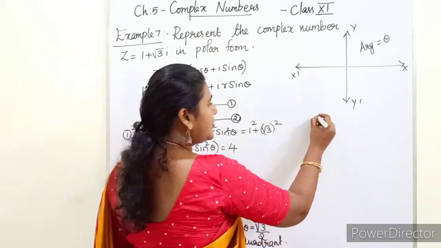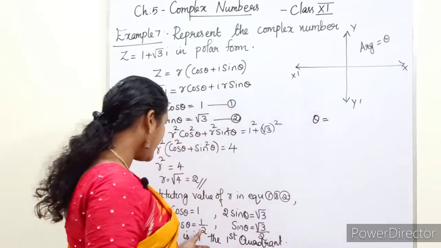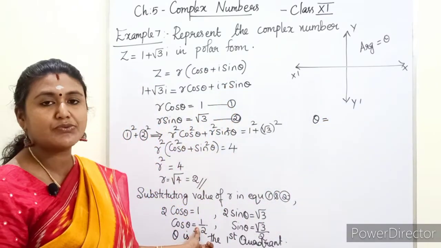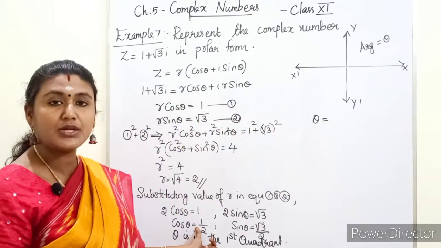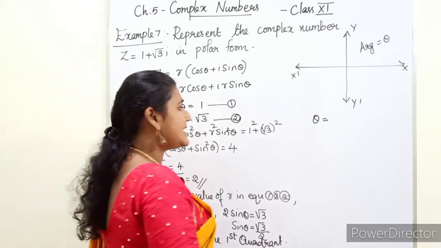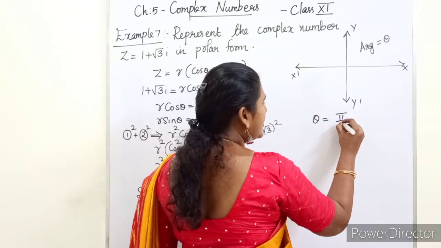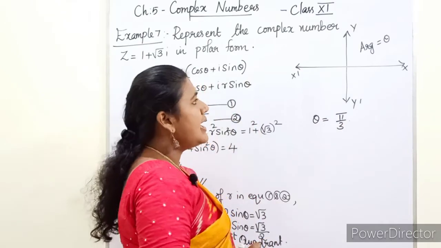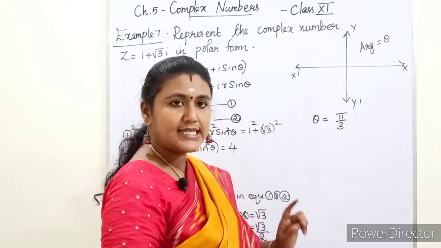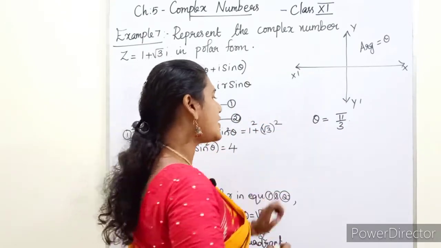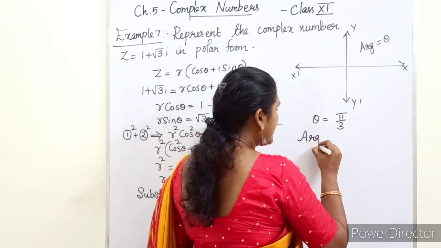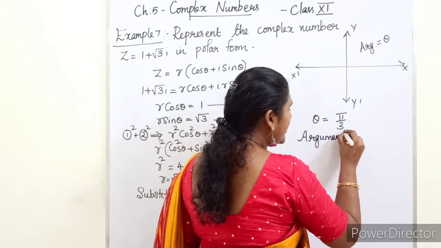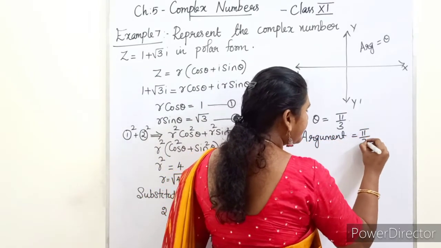That is 60 degrees, which is pi by 3. So theta is equal to pi by 3, and since the argument lies in the first quadrant, the argument value is also pi by 3 only. Argument is equal to pi by 3.